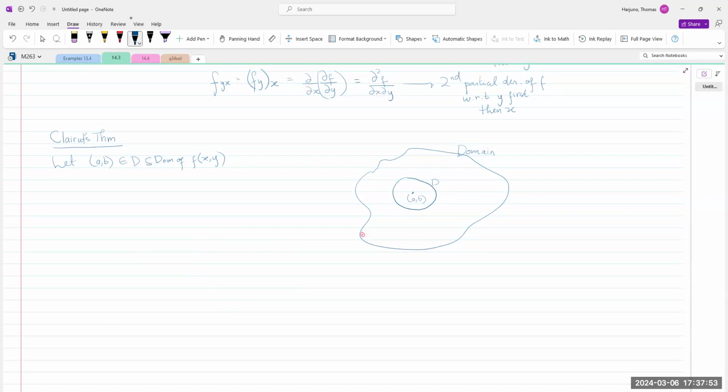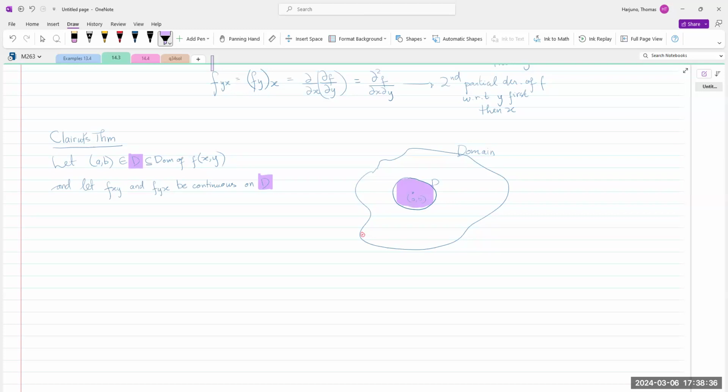And I continue with this theorem. Let f sub xy and f sub yx be continuous on D. So not only at that coordinate, but it is continuous on D, the whole thing here.